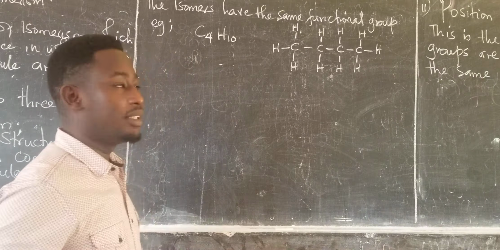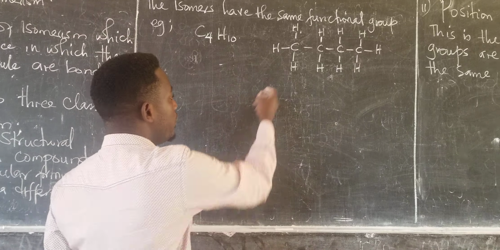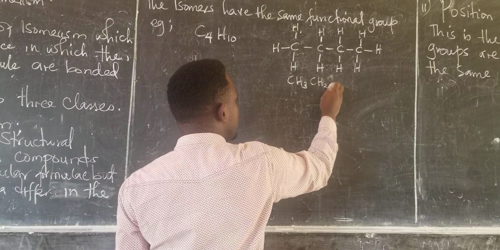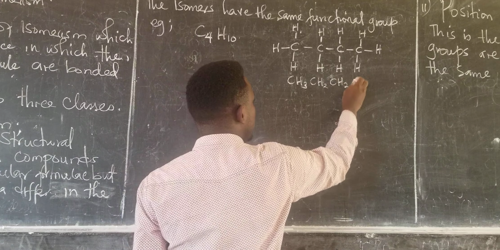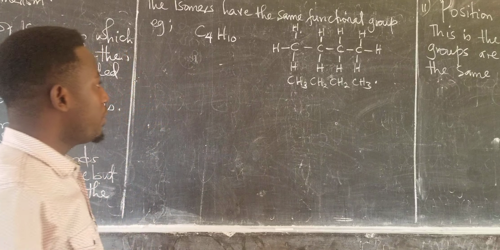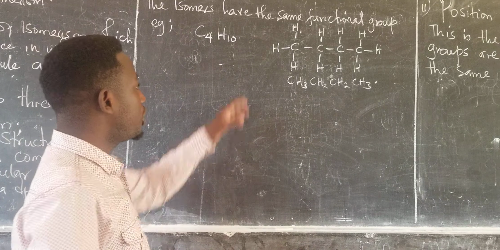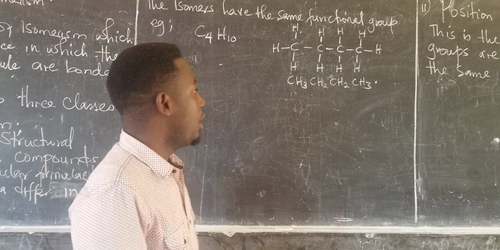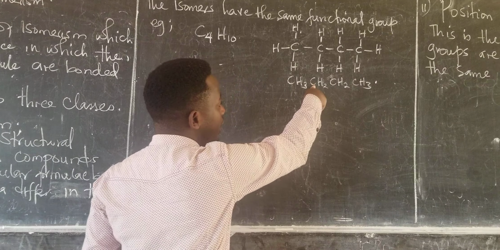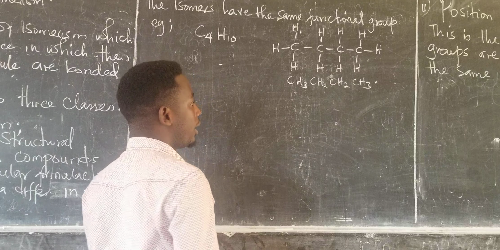So it will become CH3, CH2, CH2, CH3. However, we can change the chain. You can change the chain by bringing this CH3 and replacing it on carbon number 2 here.